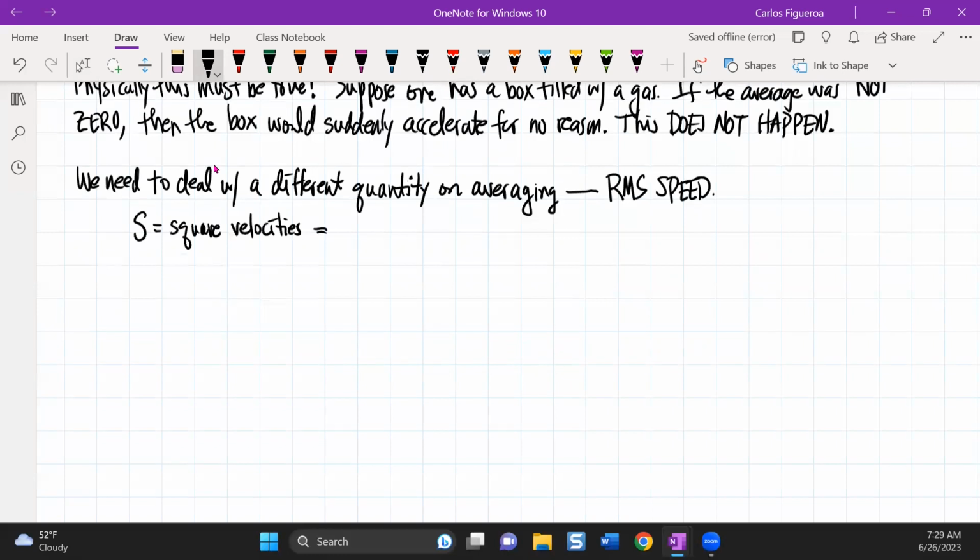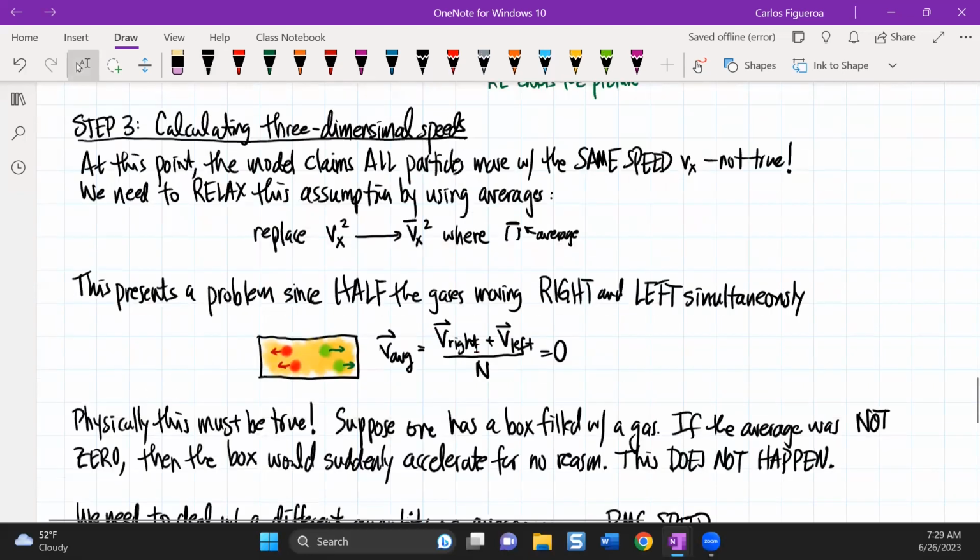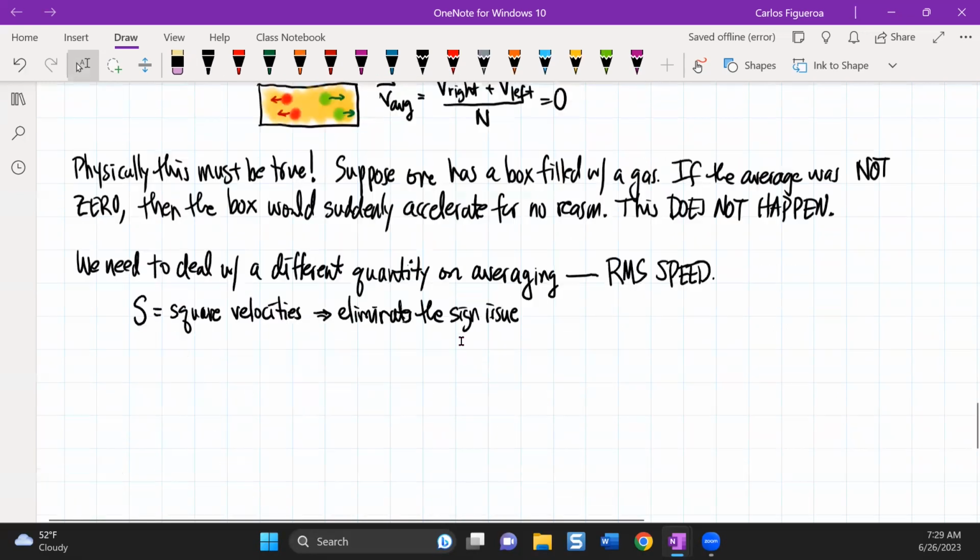So what this does is it eliminates the sign issue, right? Because when we look at this box, one of these is negative. Let's say that going to the left is negative. There's a sign issue. By squaring it, that doesn't happen.